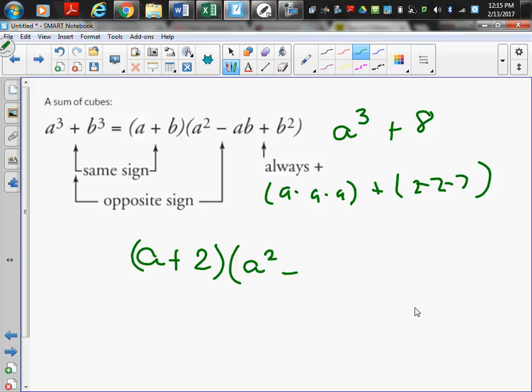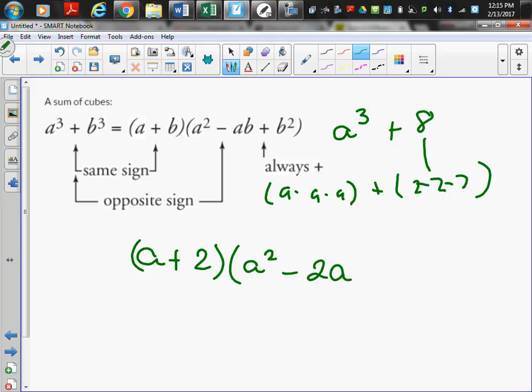I have to do the opposite sign. So on my first number or variable comes my second piece, 2A. Is that 2 times 2 times 2? This is 2 times 2. This is my prime factors of 8. So that's multiplies, yes.